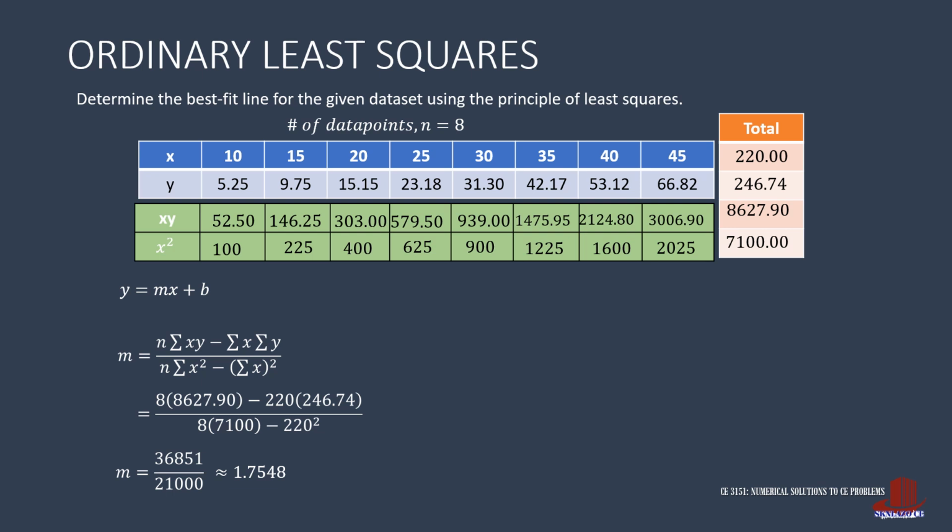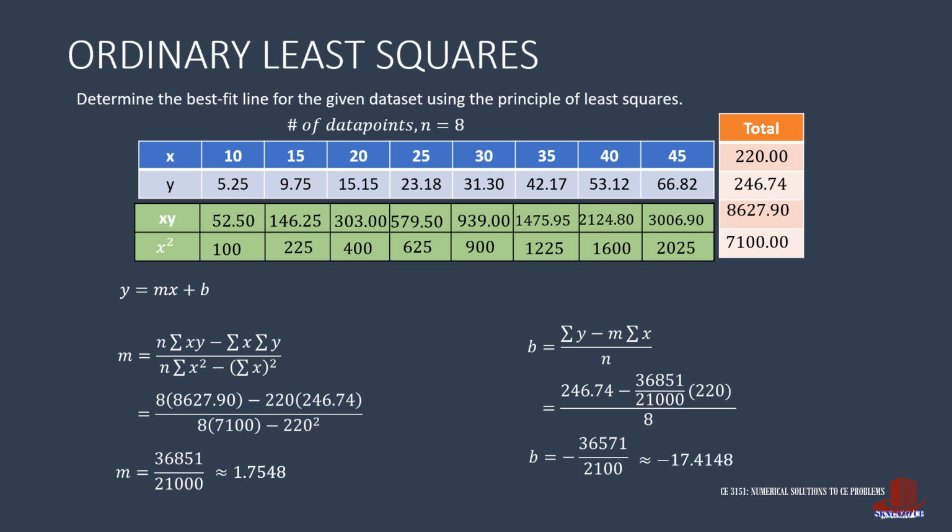B, on the other hand, is computed as the summation of y minus m times the summation of x all upon n. That is 246.74 minus m of 36,851 over 21,000 multiplied by 220 all over 8, giving b as negative 36,571 over 2100, which is simply negative 17.4148.